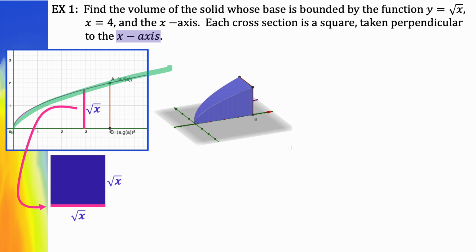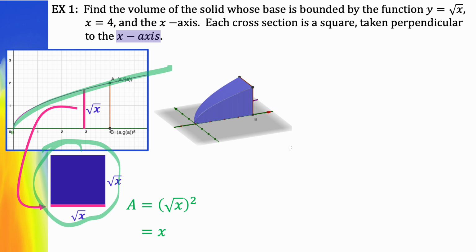And since it's a square, I also know that that's the height. And if I want the area of that cross-section, the area of the square, well, it's base times height. So it's x.